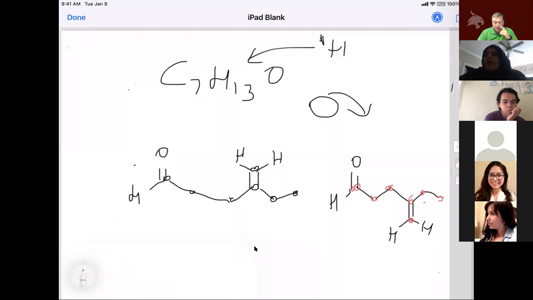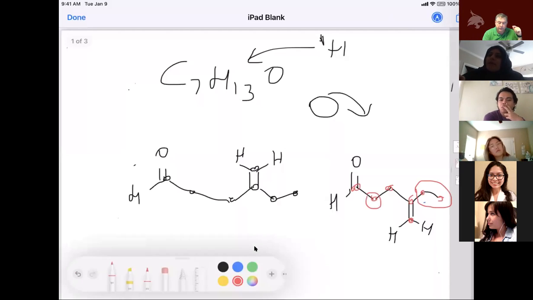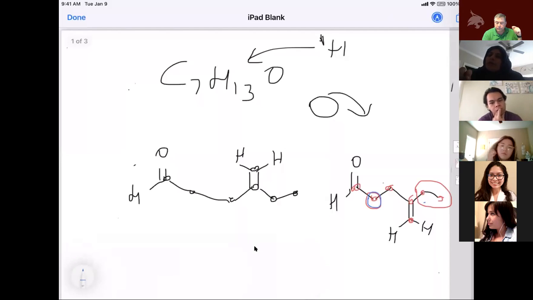I'm asking about the terminal ethyl group. Instead of an ethyl group, it might be a propyl group. So a multiplet can be created because of the middle carbon. Oh, because of these two carbons here? No, yes.